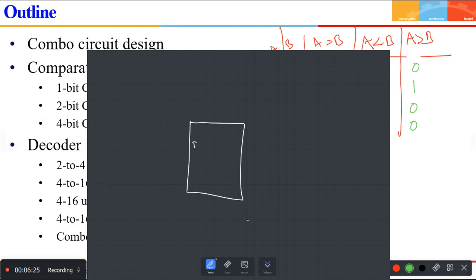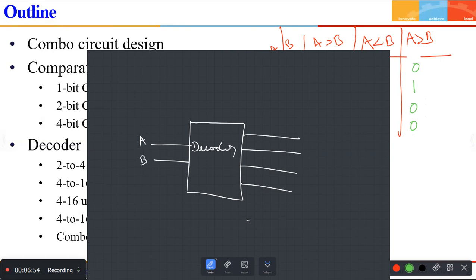I'm just writing it as a black box. Let us see what is inside. It is going to be a logic circuit, with some combinations of gates. We are going to see that in detail. Don't worry. Assume that it has 2 inputs and 4 outputs. I will write the inputs as A and B.